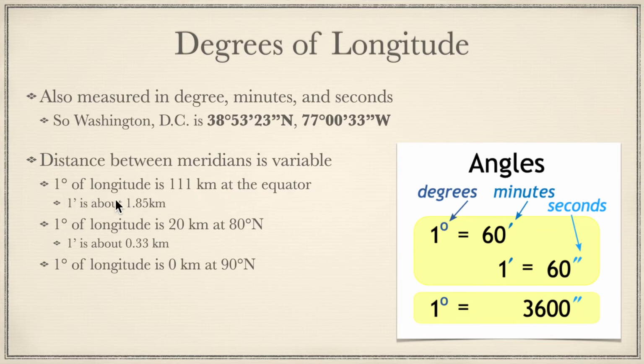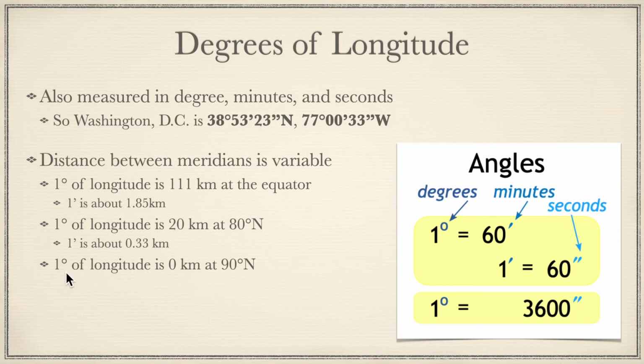So 1 degree of longitude is 111 kilometers at the equator. Okay, so it's the same as it would be for latitude. And then about one minute is about 1.85 kilometers, and you can take that and divide it by 60 and figure out what 1 second is equal to. Now, 1 degree of longitude is only about 20 kilometers if we go to 80 degrees north, because the meridians get closer together as you get closer to the pole.